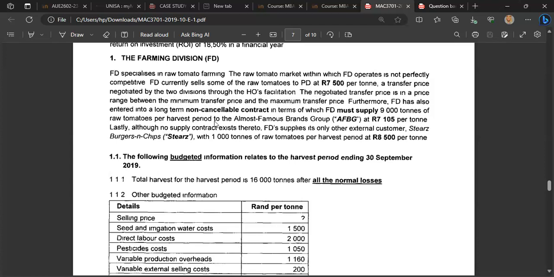Furthermore, FD has also entered into a long-term non-cancelable contract in terms of which FD must supply 9,000 tons of raw tomatoes per harvest period to the almost famous brand group, abbreviated as AFBG, at 7,105 per ton. Lastly, although no supply contract exists there too, FD supplies its only other external customer, Strasburger and Chips, with 1,000 tons of raw tomatoes per harvest period at 8,500 per ton.